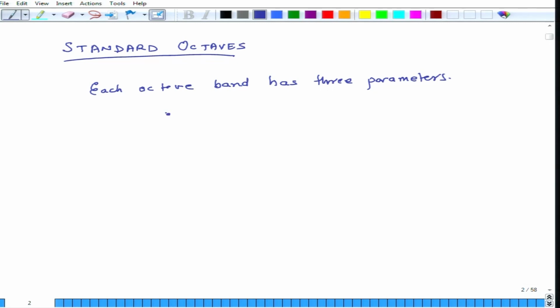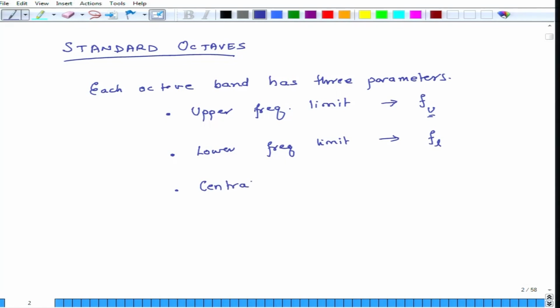The first parameter is the upper frequency limit, which we designate as FU, with U standing for upper. Then it has a lower frequency limit, designated as FL, and then it has a central frequency, designated as FC.